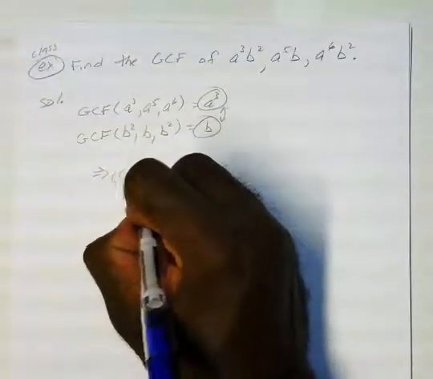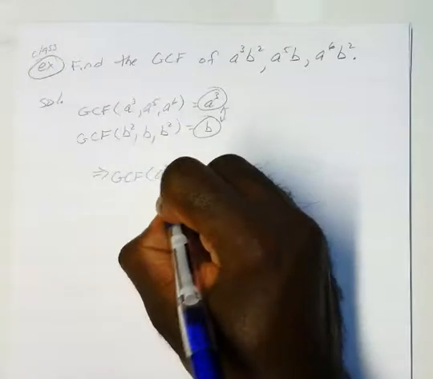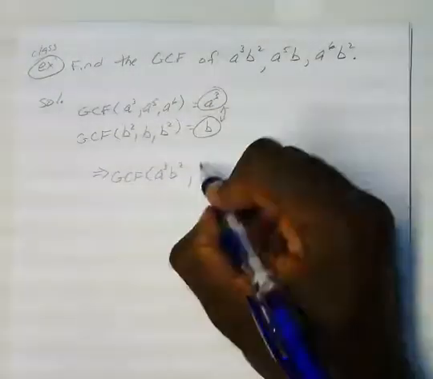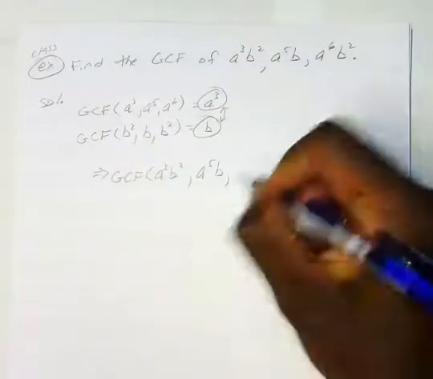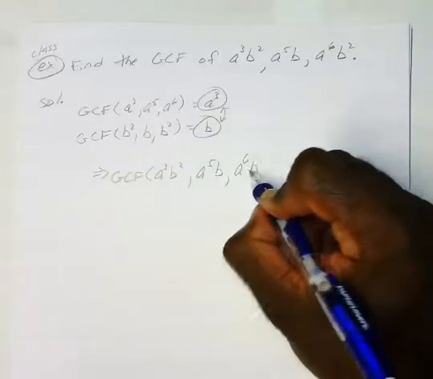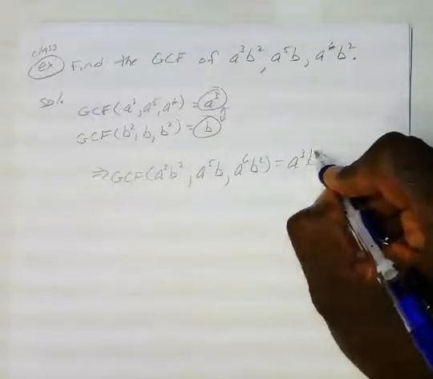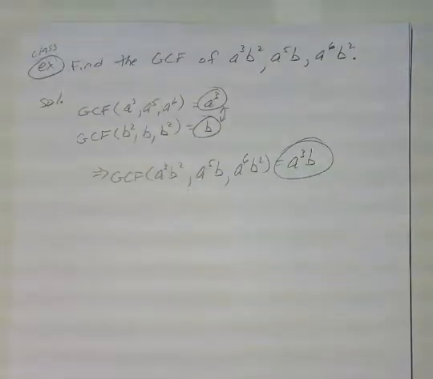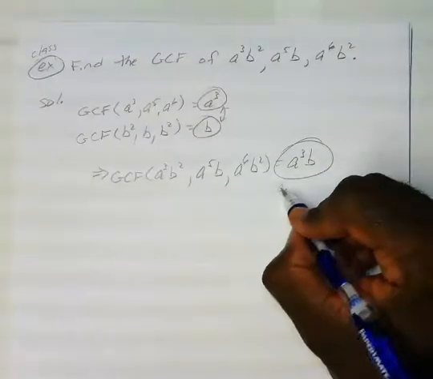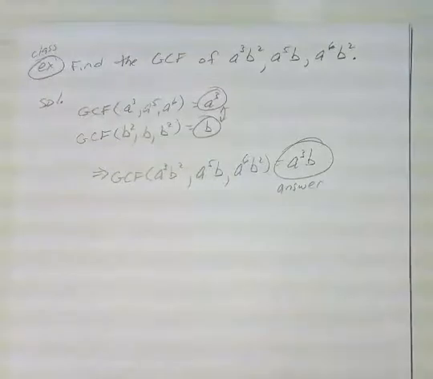So your greatest common factor of a to the third b squared, a to the fifth b, and a to the sixth b squared is just a to the third times b. Okay, so that would be your answer.